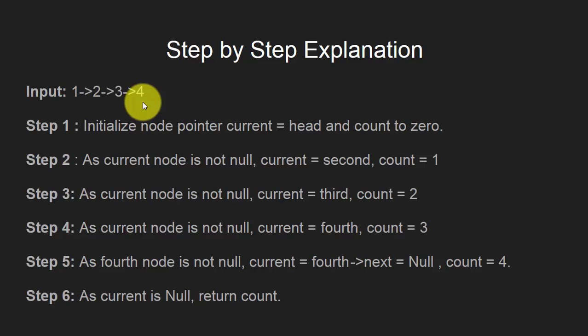So the value of count becomes 4 and the current pointer will now point to the next of the last node. So the current pointer becomes null. As the current pointer becomes null, we will now return the value stored in the variable count. As the variable count stores the total number of nodes in the linked list, we will get the length of the linked list.